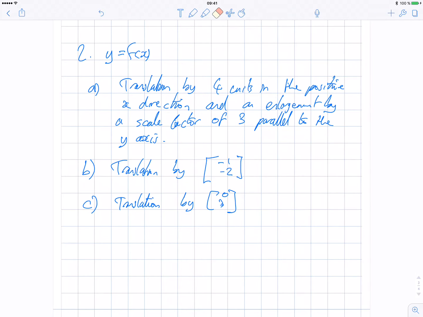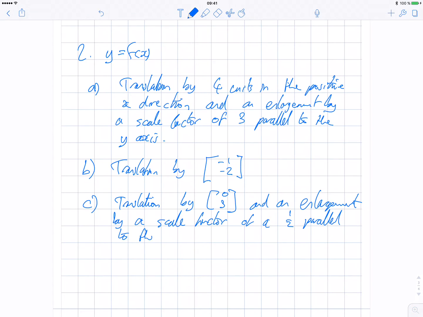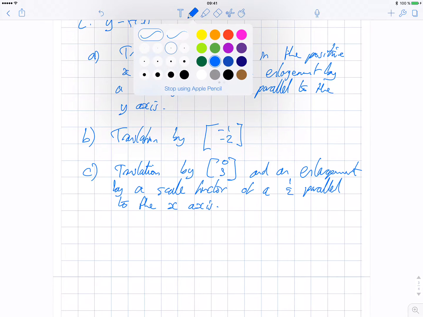That's not very clear. Let's make that better. 3. And enlargement by a scale factor of a half parallel to the x-axis. Each one of those is worth 2 marks.